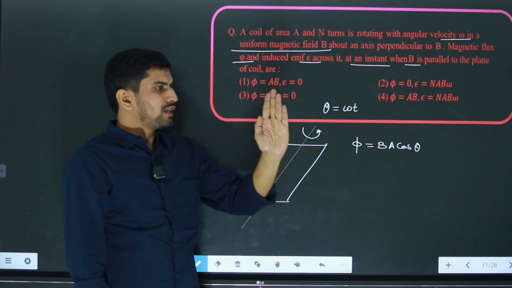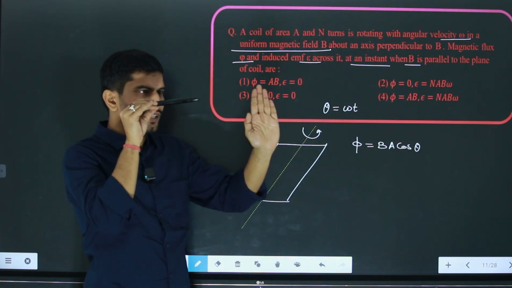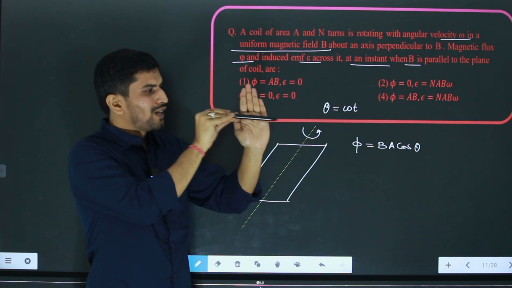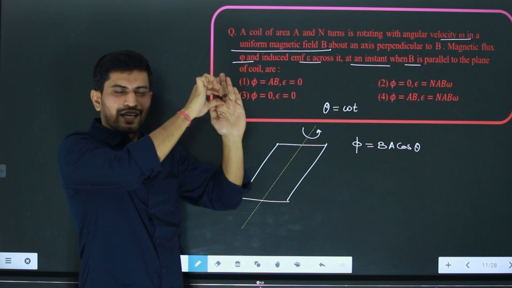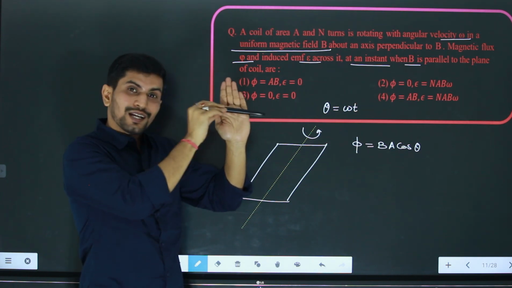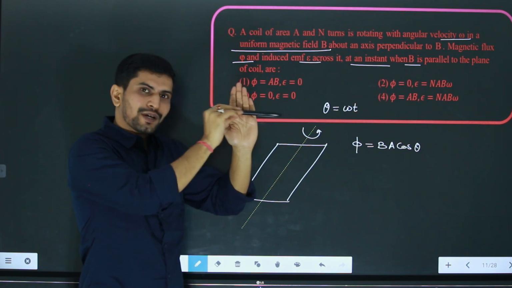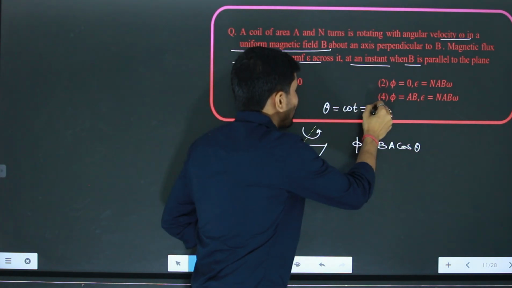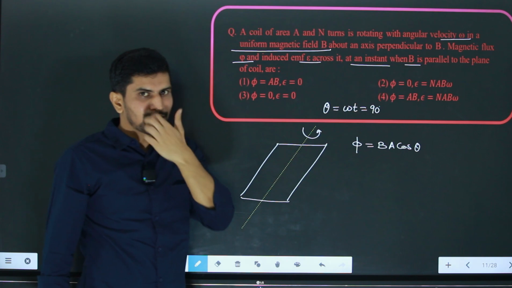This is the plane of the coil, and the magnetic field is going parallel. Area vector is perpendicular to the plane, but the magnetic field is parallel to the plane. In that situation, the angle between the magnetic field and the area vector is 90 degrees, and in that situation only we have to calculate the flux and EMF.